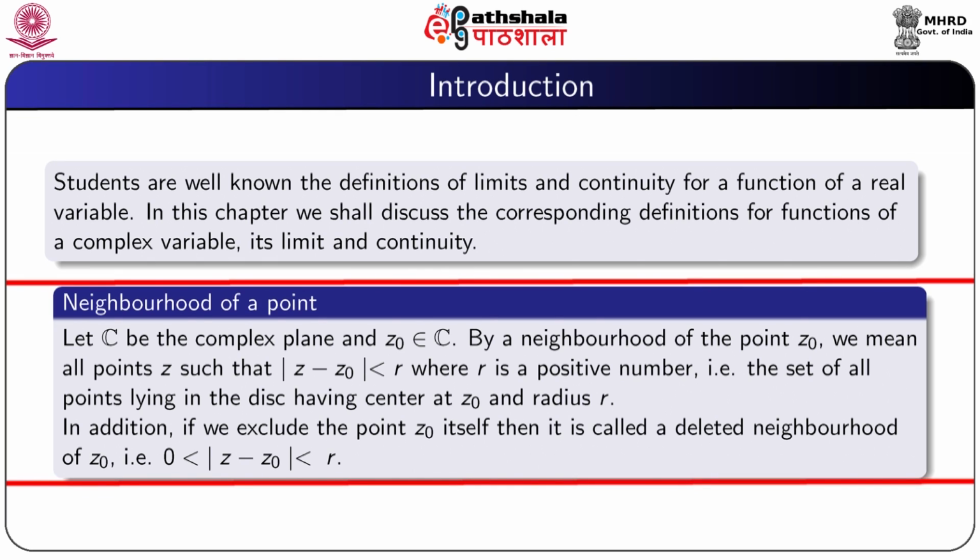That is, the set of all points lying in the disk having center at Z0 and radius R. If we exclude the point Z0 itself from this neighborhood, then it is called a deleted neighborhood of Z0, and we can write this as 0 less than mod Z minus Z0 less than R.